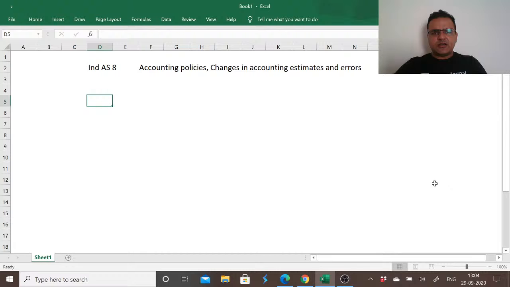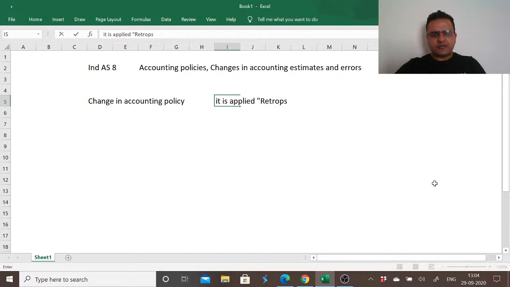So the change in accounting policy is guided by Ind AS 8, accounting policy, changes in accounting estimates and errors, that if there is any change in accounting policy, it is applied retrospectively.